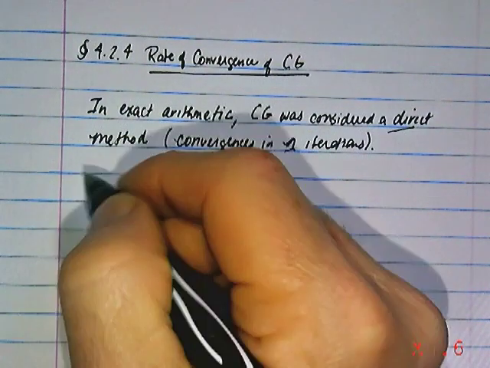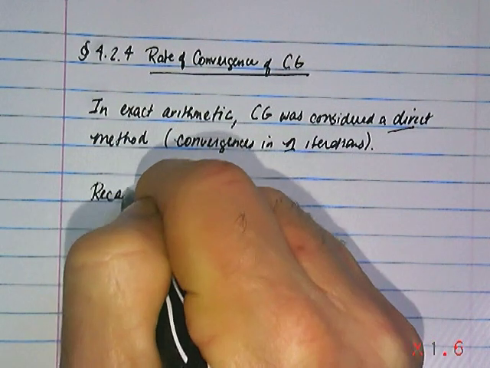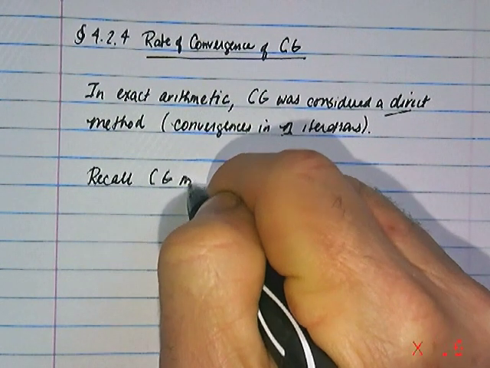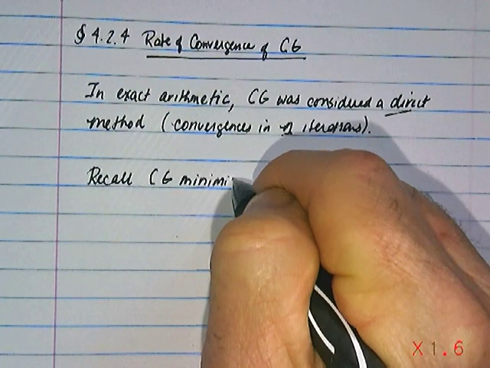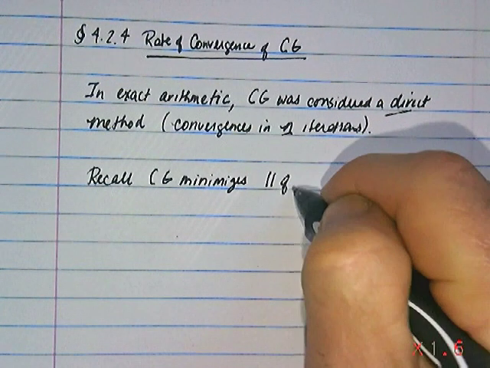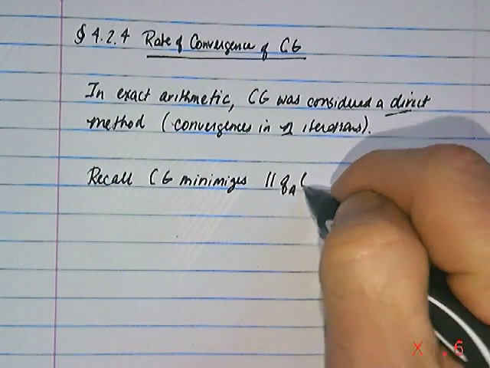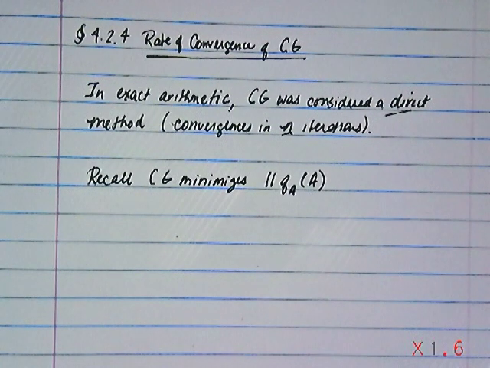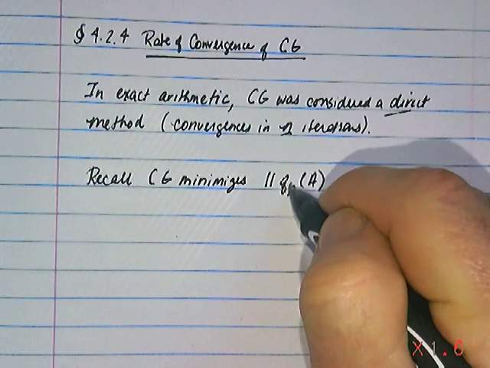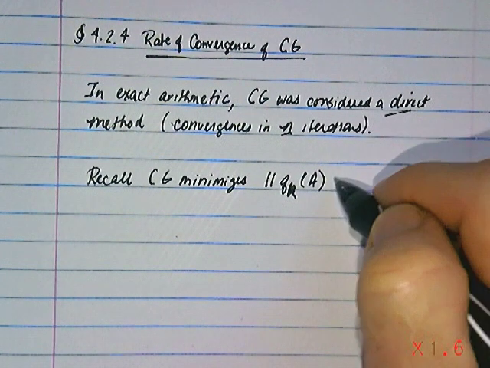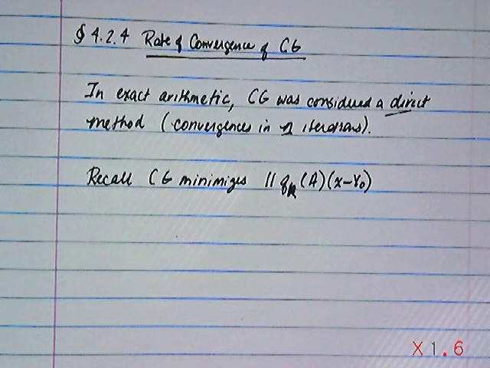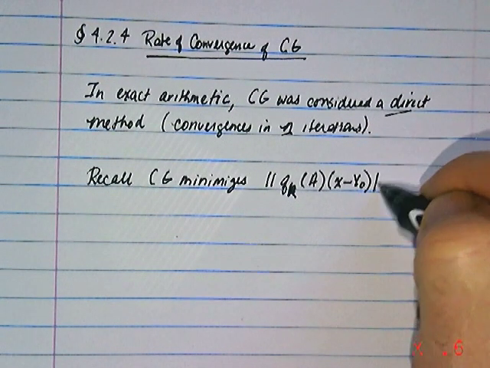Okay, so if we're talking about rates of convergence, let's recall that CG minimizes the energy norm of some polynomial in A. This was Q_k, if you go back to the notes, Q_k of A, some polynomial of degree k, times the initial error, and we're applying the energy norm to it.